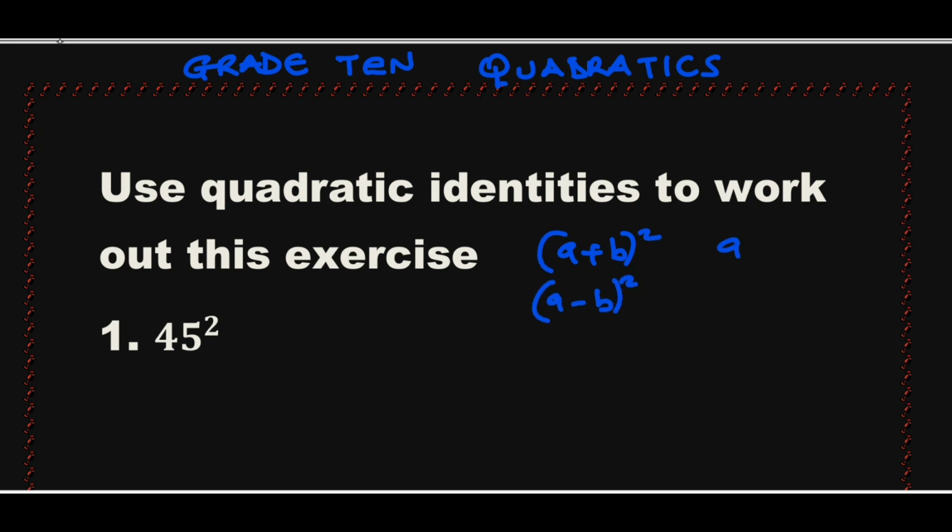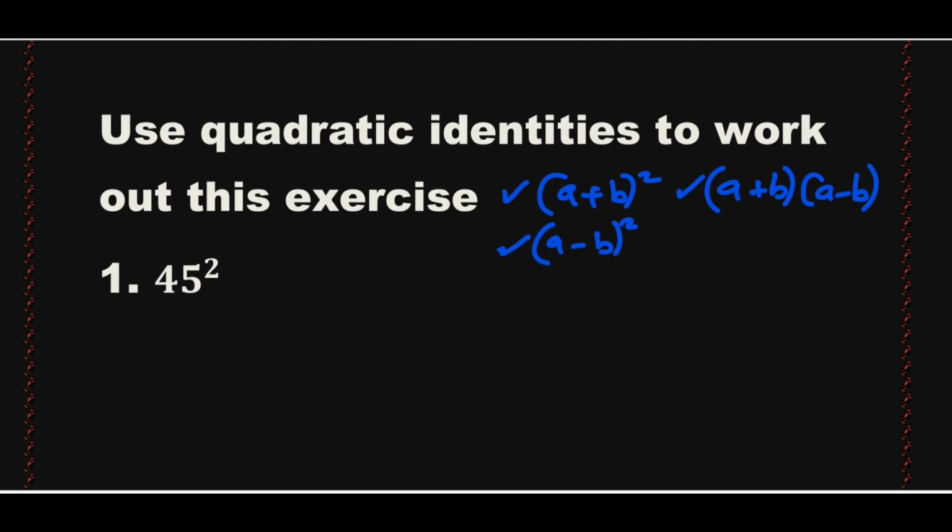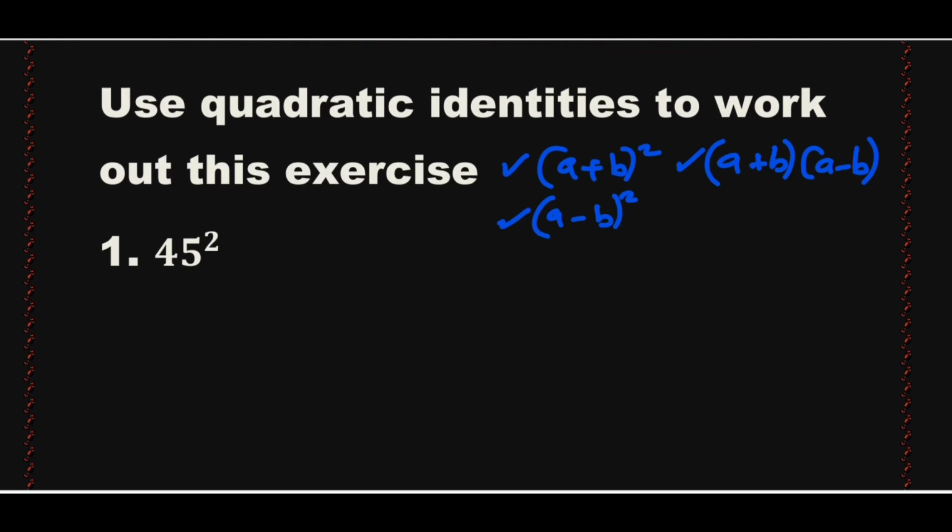And the third one was a plus b into a minus b. Out of these three, which one would you prefer using to work out 45 squared? Recall that very quickly so that we are able to work this out by use of quadratic identities.